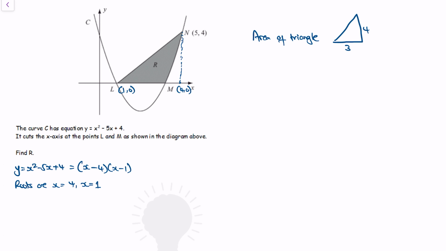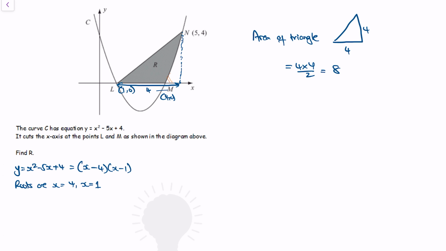So I made a mistake there because M is 4, 0, but this is 5. Let's explain this again. M is 4, 0. This N is 5, 4. So this triangle is of length 4 here. So the area of the triangle is 4 times 4 divided by 2, which is 8.